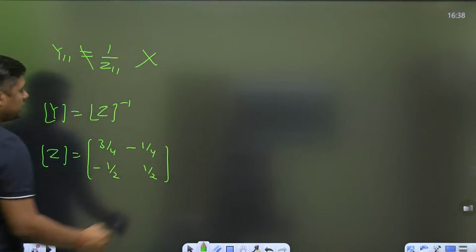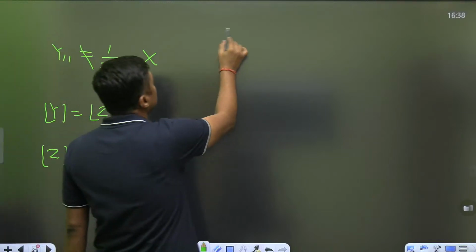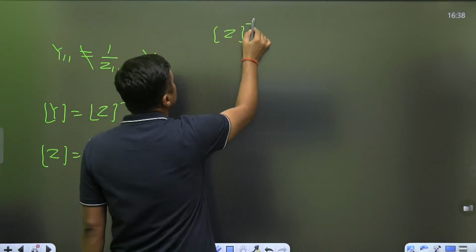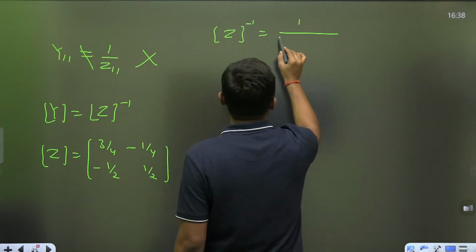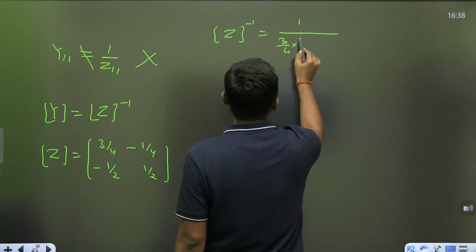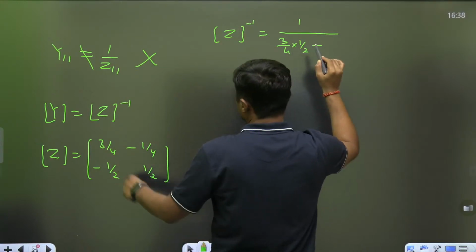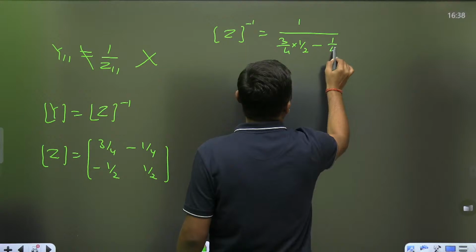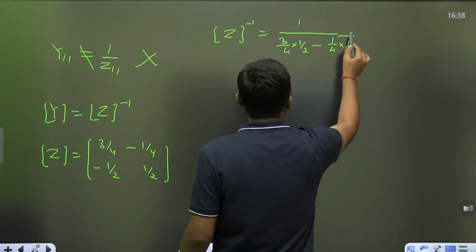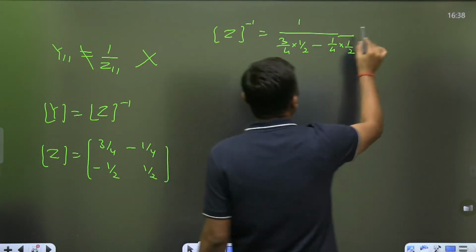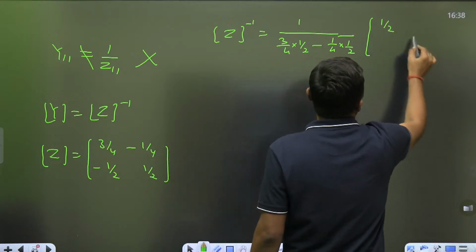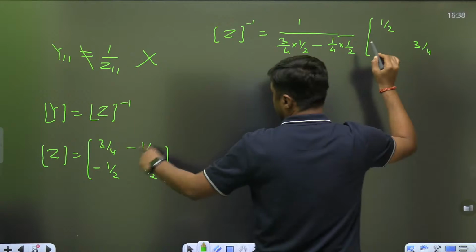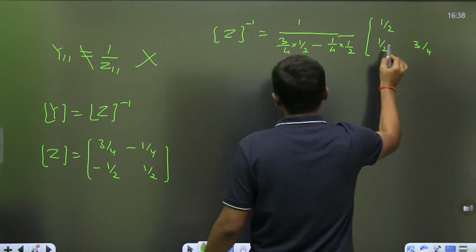First of all, the determinant: 3 by 4 into 1 by 2, minus minus cancels, 1 by 4 into 1 by 2. Then interchange the diagonal entries and change the sign of the other two.